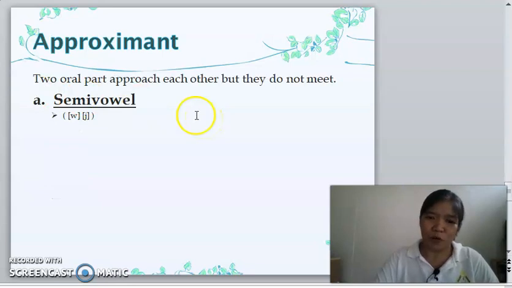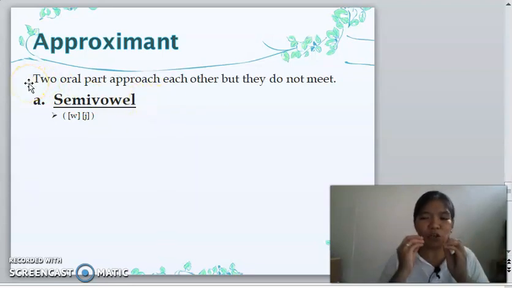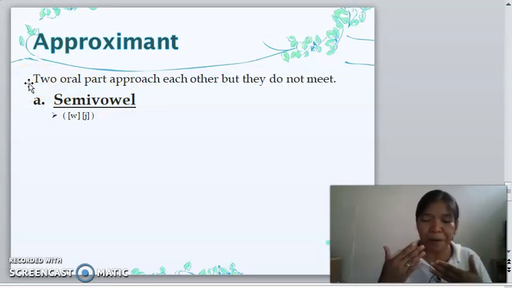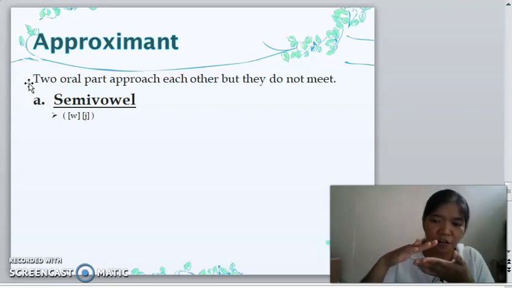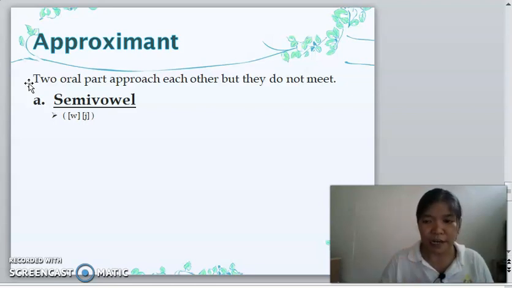When we say approximant, our guide here is that it's called approximant because when we produce the sound, two parts of your oral cavity approach each other very near, but they do not necessarily meet.